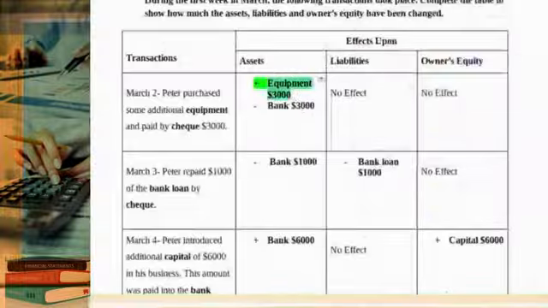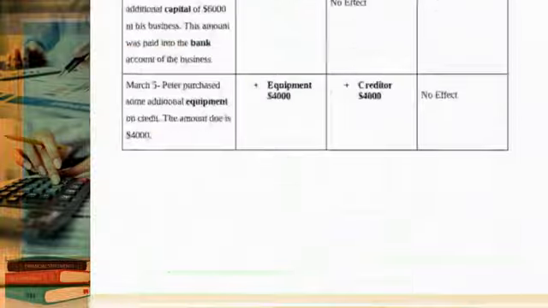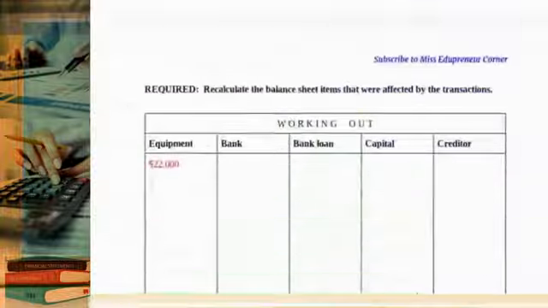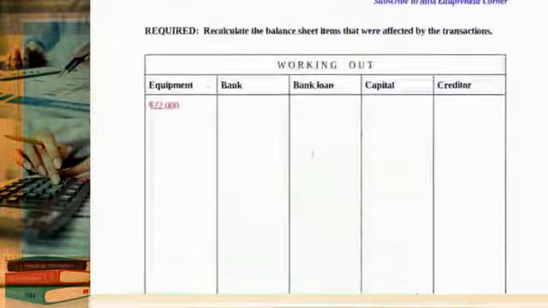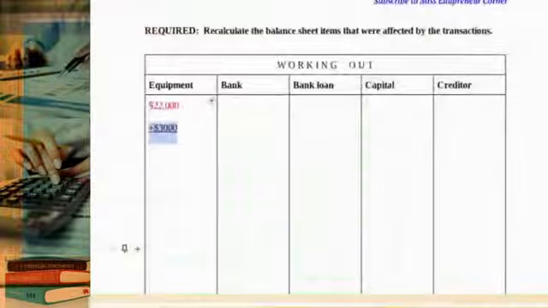So we're going to add this $3,000 to the $22,000 that was there before. So when we add $3,000 to the $22,000, we get $25,000.